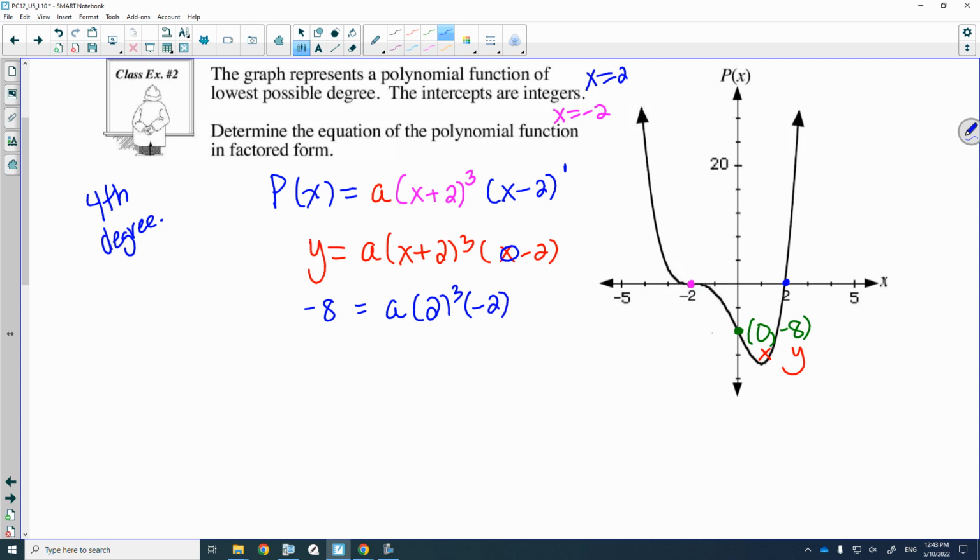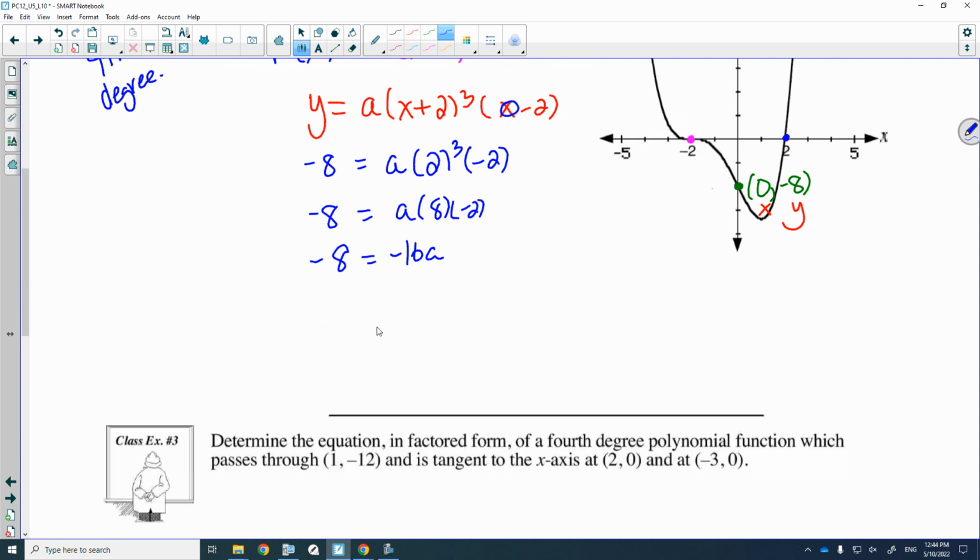So it's always nice when they give you a y-intercept. 2 cubed is 8. So negative 16a. Isolate a, divide both sides by negative 16.